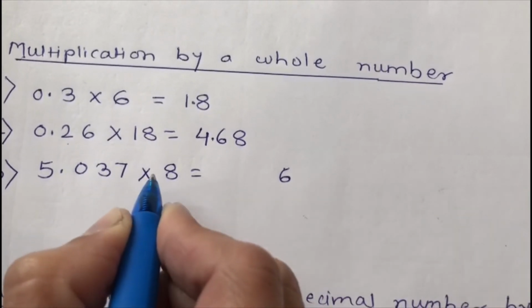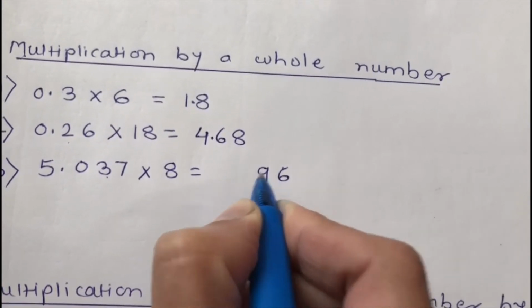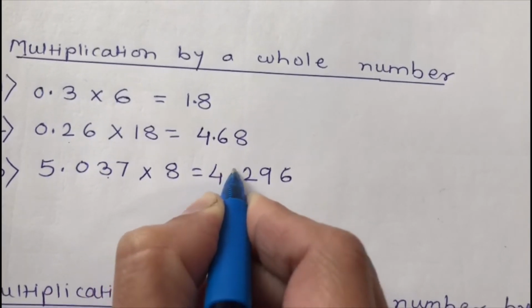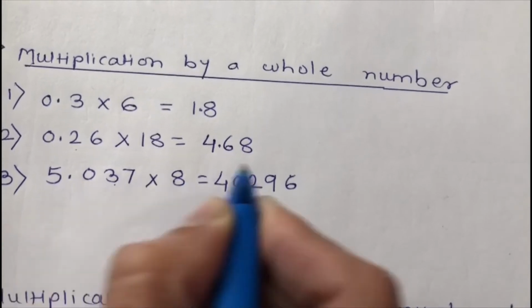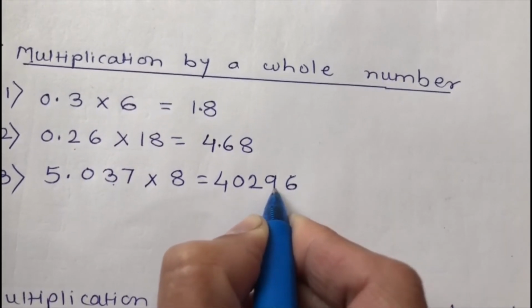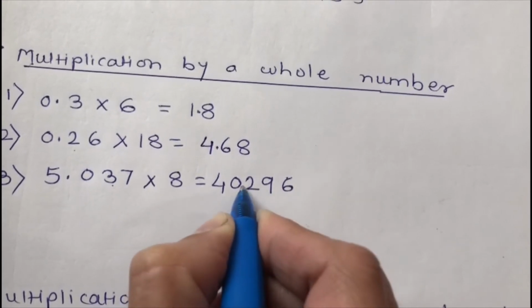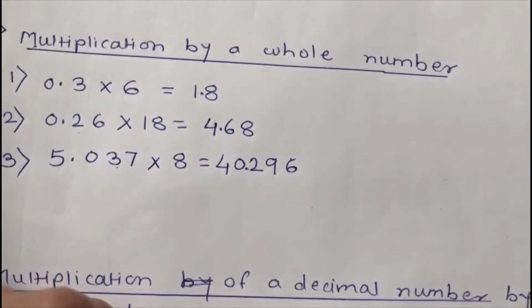So 5 carry, 8 3s are 24 plus 5 is 29, and 8 5s are 40. Now the decimal point is after 3 digits from the right, so I give the decimal point after 3 digits from the right side. So we get the answer 40.296.